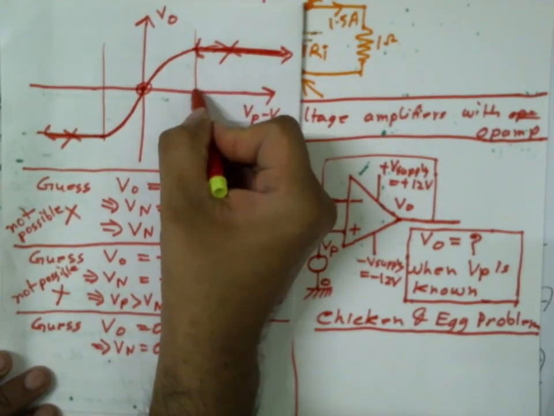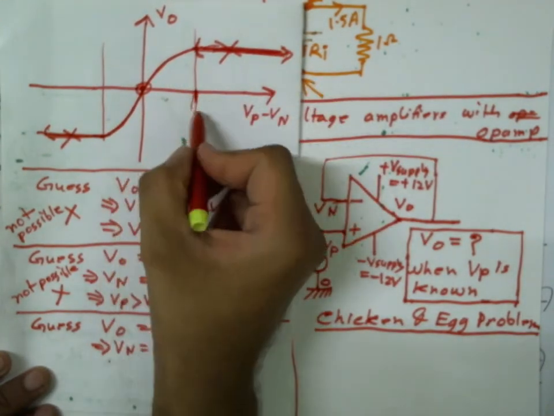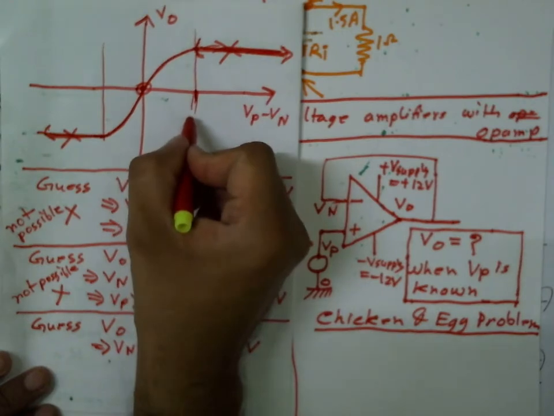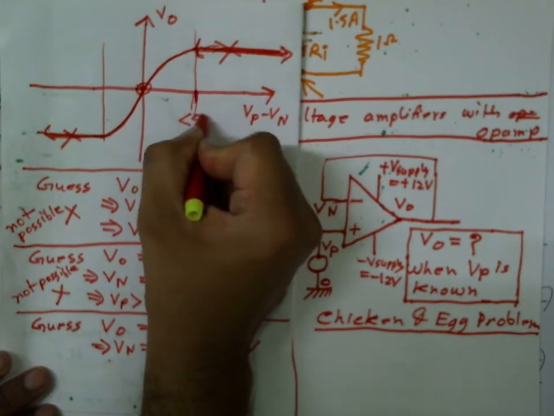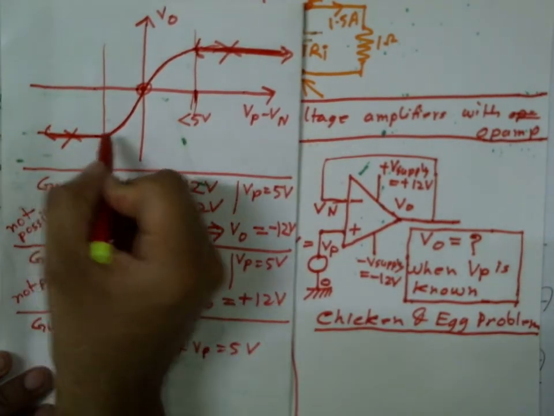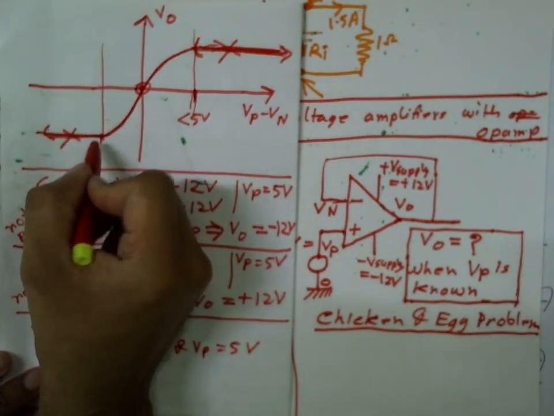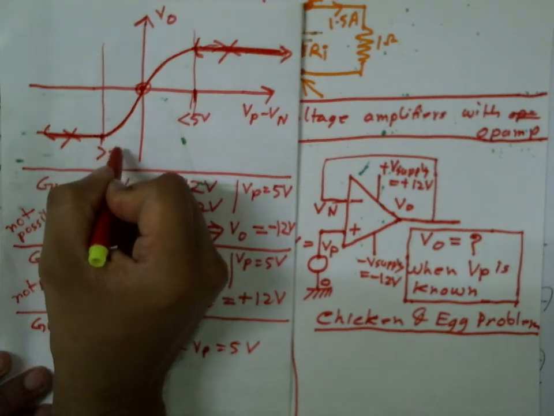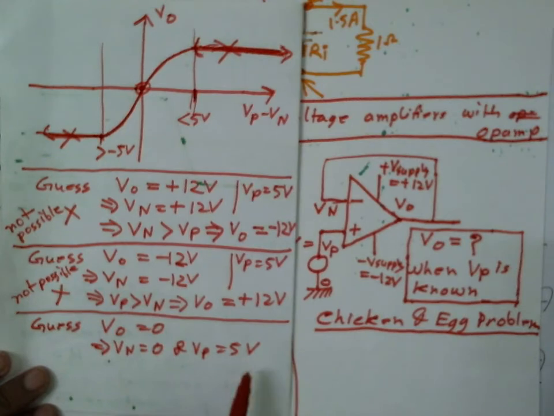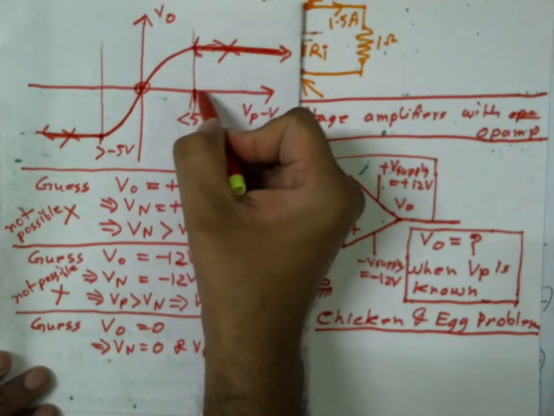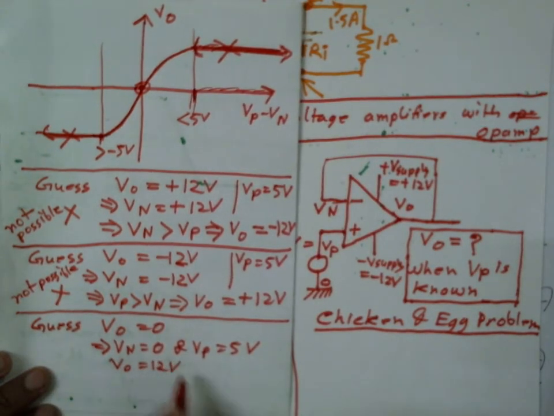Okay, so if this point is less than 5 volt, and this point, symmetrically on the other side, is similarly greater than minus 5 volt, then we see that Vp minus Vn in this case is greater than 5 volt, so it lies in this region, so the output should be 12 volt.